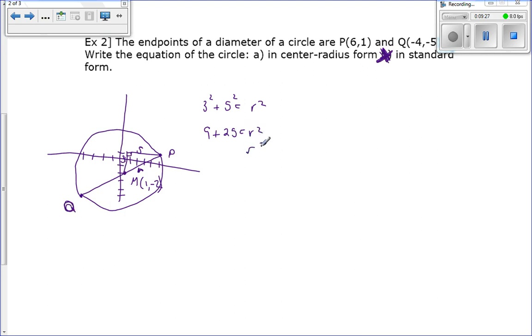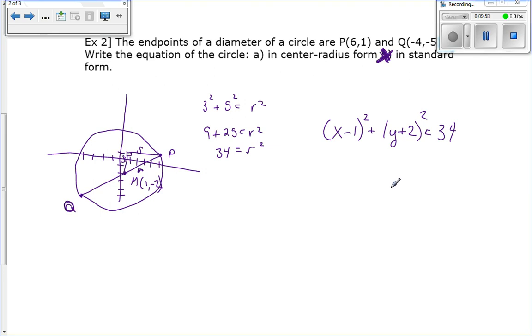So r squared is equal to 34. And since my center is 1, negative 2, the equation of my circle is (x minus h) squared plus (y minus k), so minus the negative is plus, squared equals 34.